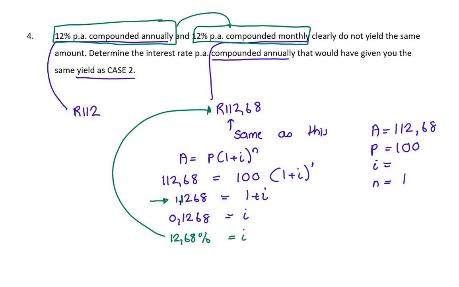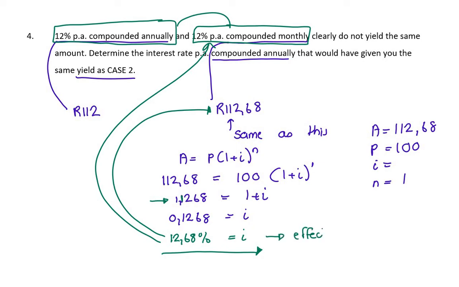So what would have the same effect? 12,68% per annum compounded annually has the same effect as 12% per annum compounded monthly. So we would say that this is the effective interest rate, because it's per annum compounded annually, that gives you the same outcome as the nominal interest rate of 12% per annum compounded monthly.